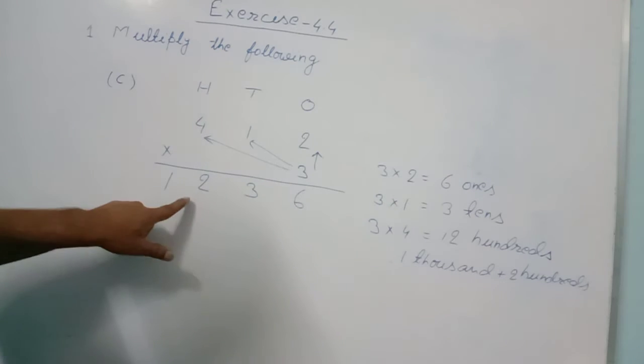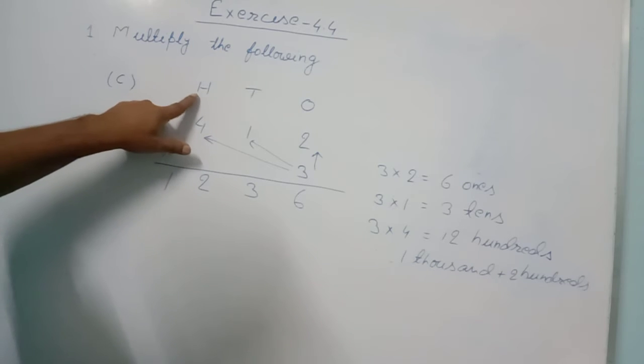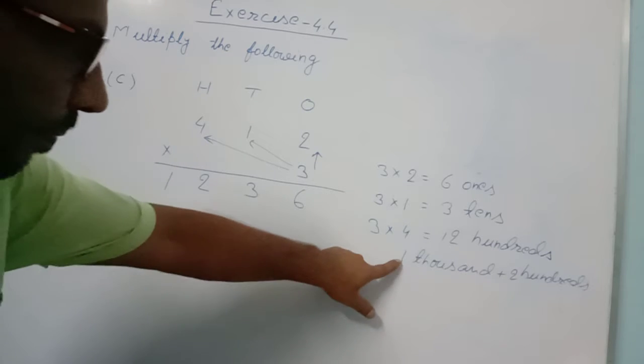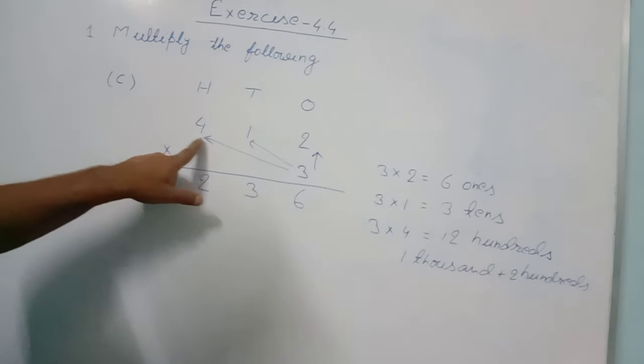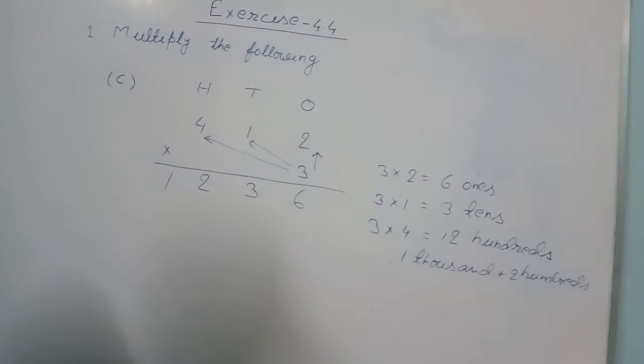So this is hundreds place, here I wrote 2, and at thousands place I wrote here 1. So 412 into 3 equals 1236.